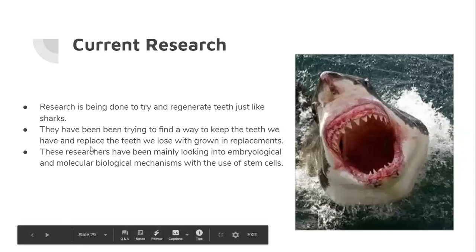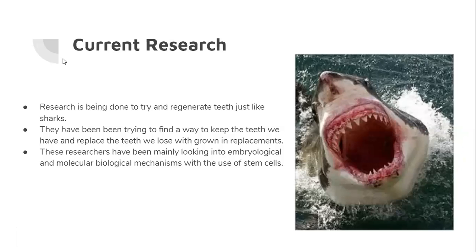Current research being done on teeth is how sharks actually grow in their teeth. They lose teeth all the time, and they actually have several rows of teeth. It's pretty crazy. Humans do a similar thing, but we only have one bud to replace, and so that's when we become adults. But the problem is that sometimes we don't take care of our teeth, or sometimes we have malformations of the mouth when we're growing up, and we actually lose teeth or aren't born with teeth.